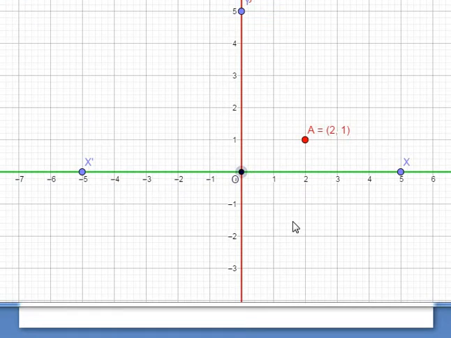Let us see some examples of combined transformations. You have already known about the types of transformations. We did reflection, rotation, translation, enlargement in class 9.